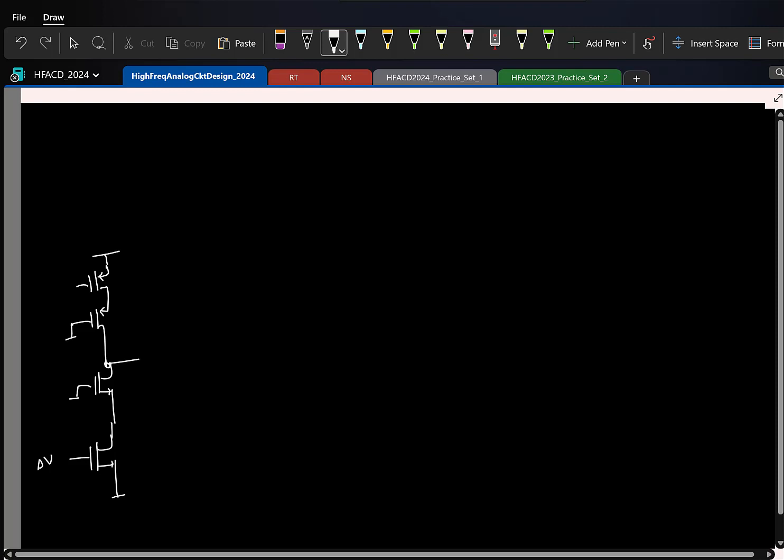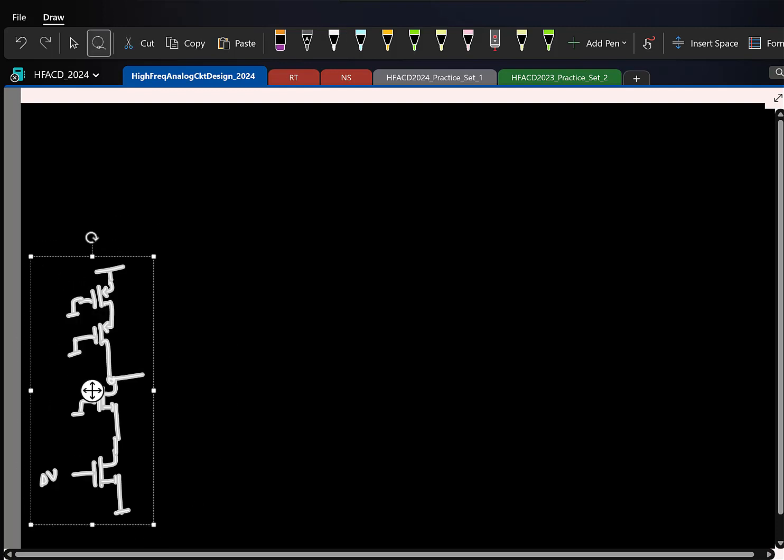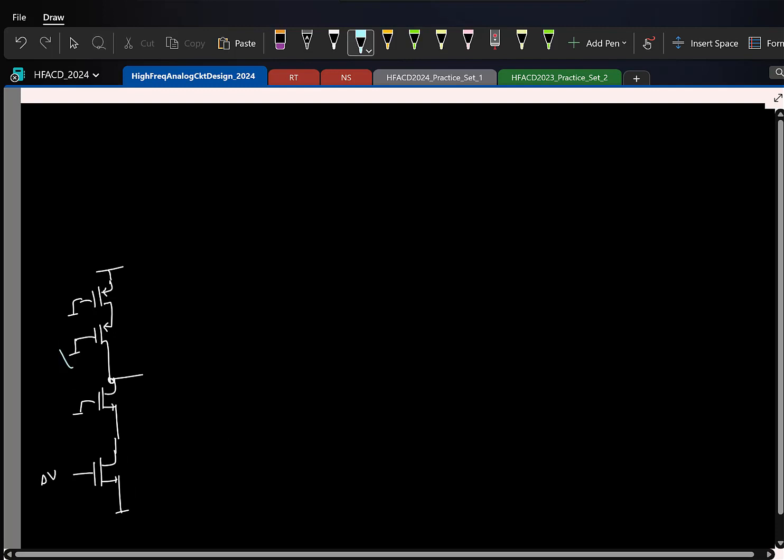Again, incrementally gates are all shorted. So now if you see here, and before that, this portion, remember, it's just acting like a current source. Now if you look at this, what kind of configuration have we put this transistor in? You know, 3 configurations, right?